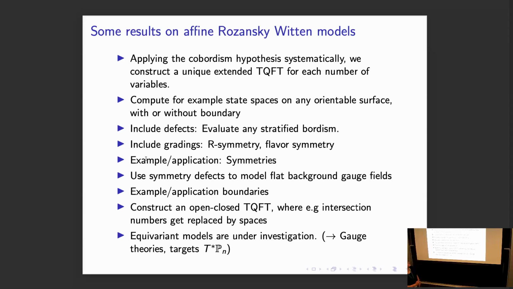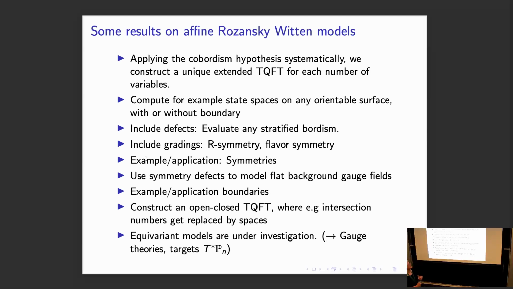Sorry, I should have done that, but let's do it now. Once we have this category, we can apply the cobordism hypothesis systematically. By this, I mean that we can construct a unique extended TQFT for each object.